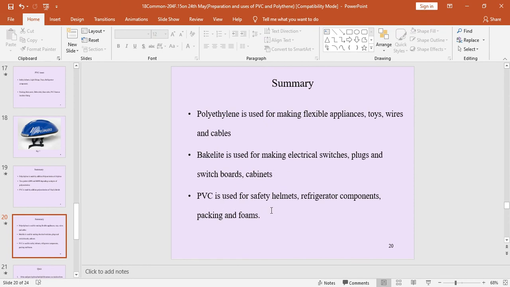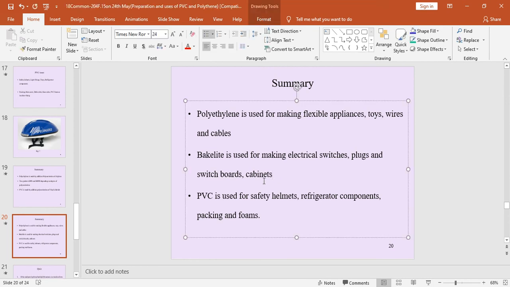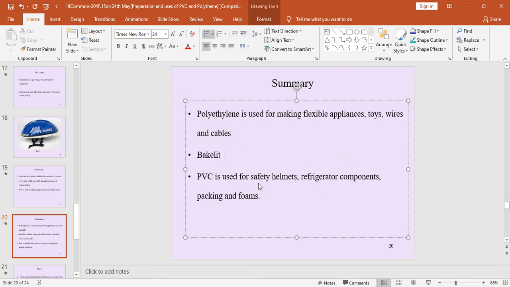PVC is used for safety helmets, refrigerator components, and also packing and pumps. Note these points.